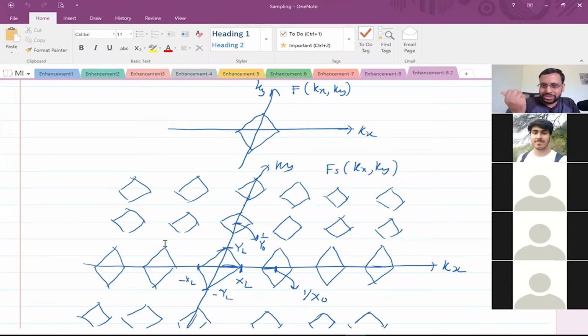Your question is, there is no aliasing in the x direction. But if it is happening for every row x wise, then obviously it should happen for y also, is it not? So it means it doesn't happen.